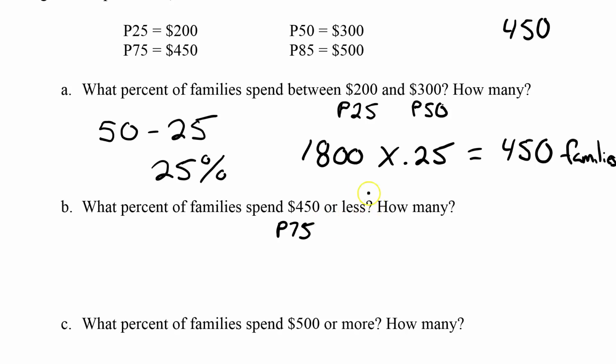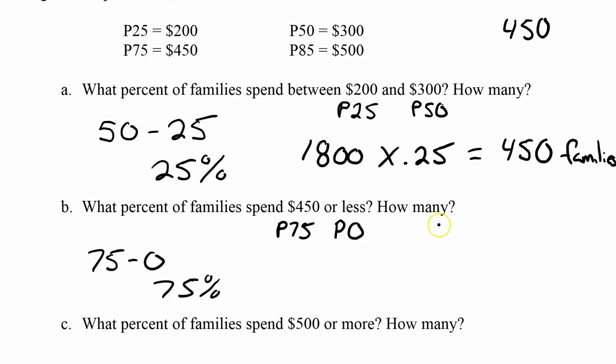So if I'm spending no money on my groceries, my p-value is p of 0. So the lowest p-value, the lowest amount of money I can spend, will be p of 0. So I've got p75, p0. 75 minus 0 is 75%. So 75% of my families are spending $450 or less.